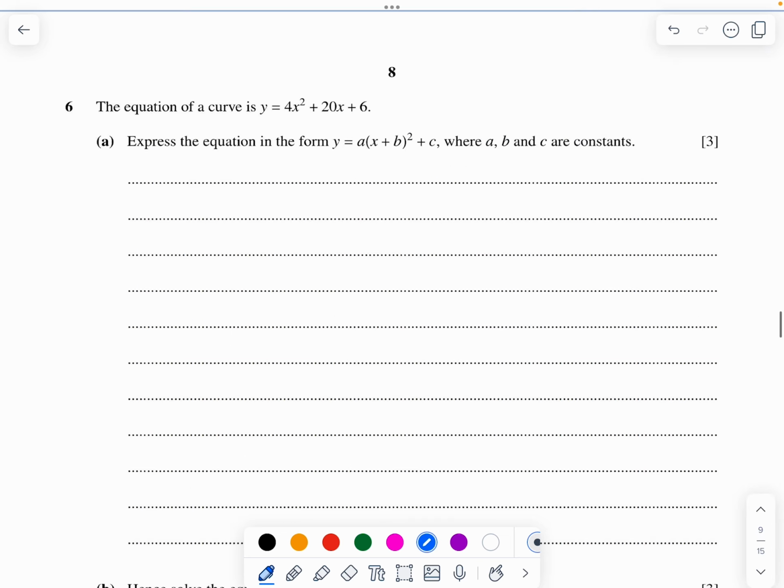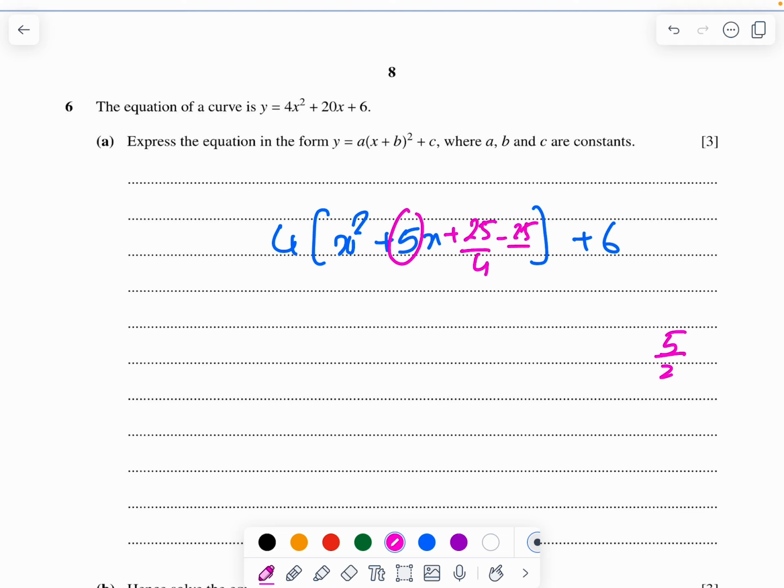Question number 6. The curve has this equation. Find the equation in this form. Take 4 common: x square plus 5x plus 6. Now this is 5. 5 divided by 2, square is 25 upon 4. Add 25 upon 4, subtract 25 upon 4.